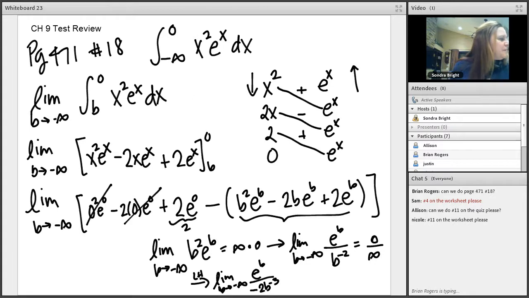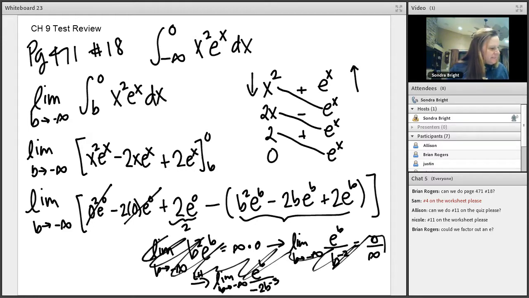Let's see if there's a better way for me to show it to you. I feel like there was one like that on the quiz. Yes, there was. Okay, that would be helpful. It's not exactly the same one, but it's very similar to the one on the quiz. That's exactly what you want to do: factor out e to the b. So I'm going to rewrite this statement on the next page.